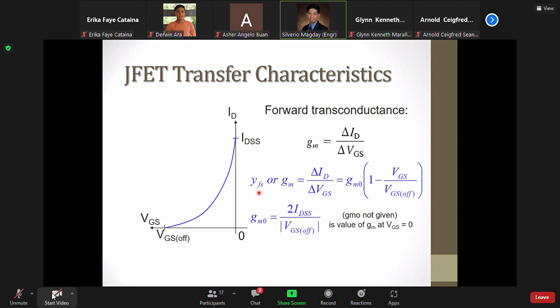So your YFS or your GMO is actually equal. So when GMO is not given, it's actually the value of GM. So ito, di ba, parang yung VP kanina, it is equal to VGS. They are just the same magnitude but different, kumbaga, in sign convention.